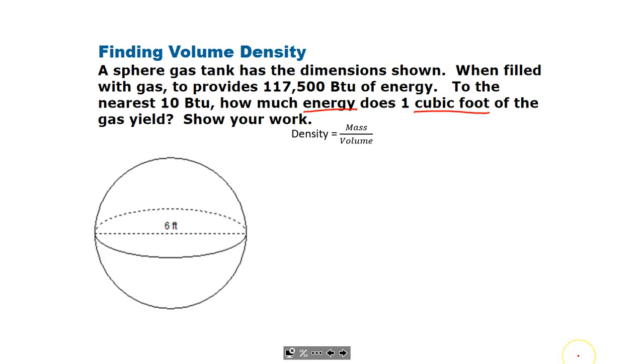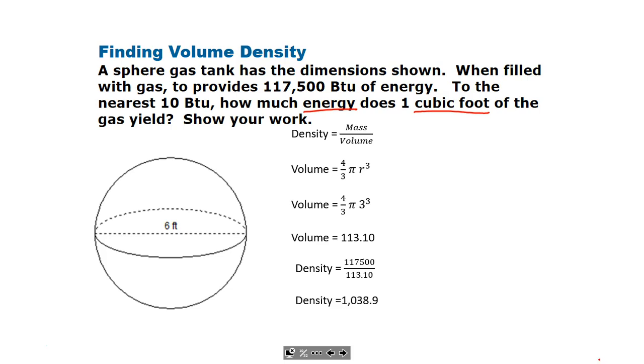Well, the mass is the 117,500. The volume we would find by the equation 4/3 pi r cubed. Once again, notice that we have the diameter, not the radius, so we're going to have to divide that by 2 first. So we're going to cube the 3, multiply it times pi times 4/3. That gets us 113.10. Then we're going to get the density by dividing that mass, the 117,500, by the 113.10.